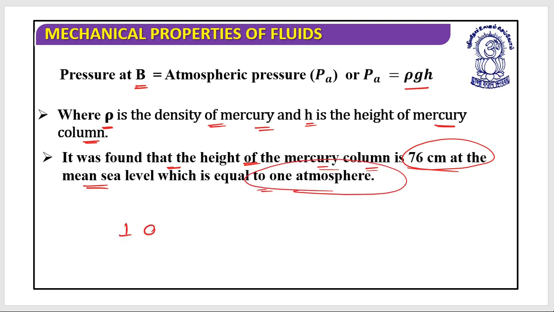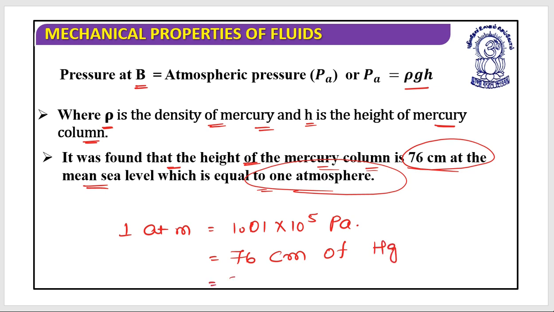So I could write it like this: 1 atm equals 1.01 into 10 to the power 5 Pascal, as well as 76 centimeter of mercury, or 760 millimeter of mercury. It's 76 cm of Hg, or 760 mm of Hg.